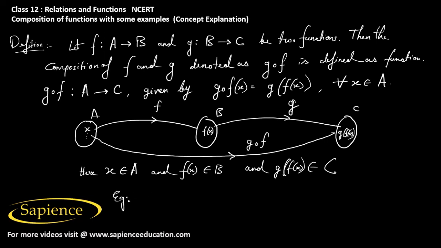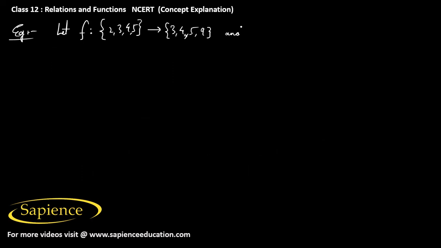So we can understand this by one example. Suppose let the function f map from the set {2, 3, 4, 5} to the set {3, 4, 5, 9}, and the function g map from the set {3, 4, 5, 9} to the set {7, 11, 15}.